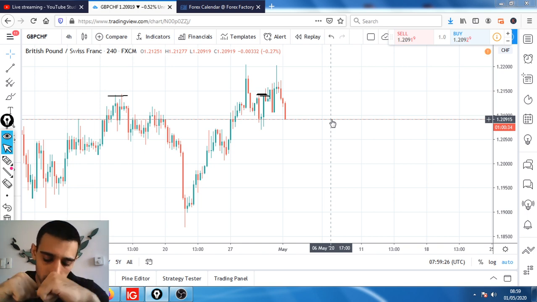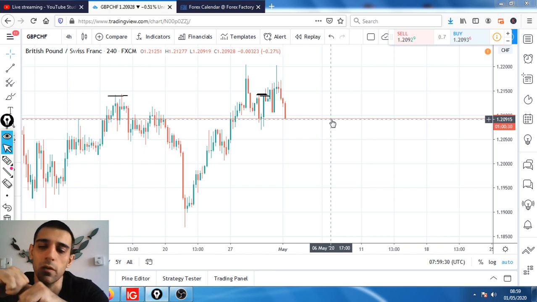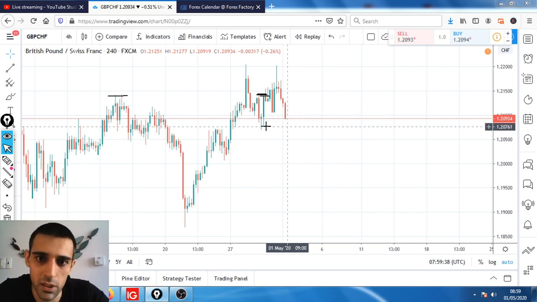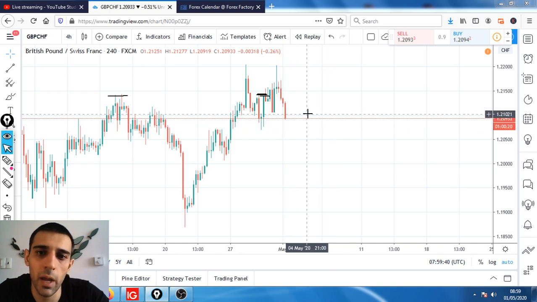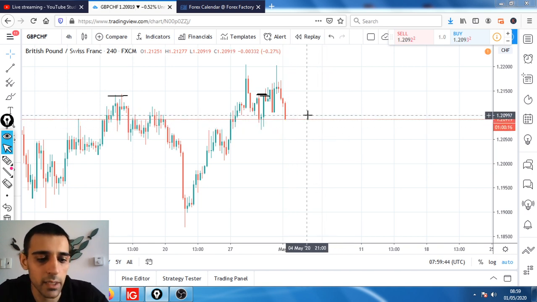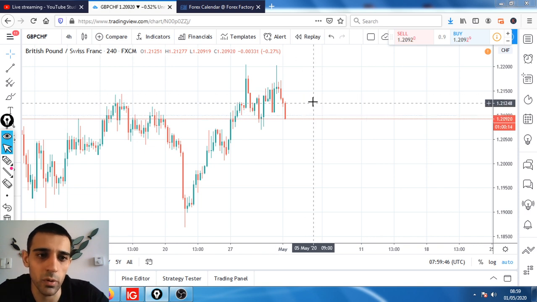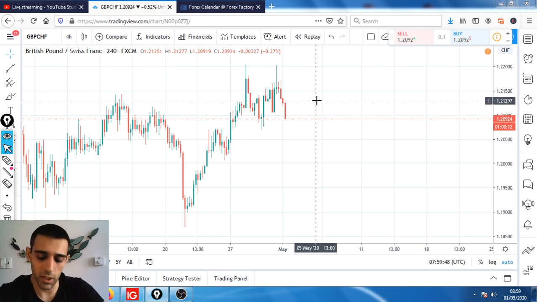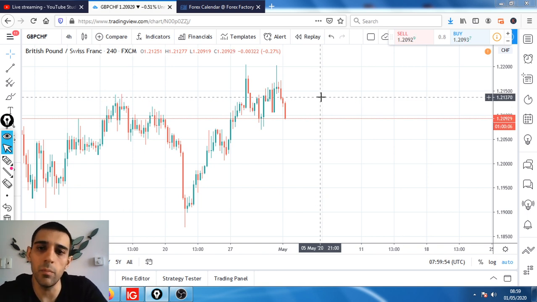As far as the risk reward goes, it's not very good in my terms. That works out to just over 1 to 2 risk reward. It's good, but it does not meet my requirements. But if you're happy with more than 1 to 2 risk reward, then you just go for it. It's a good risk reward, but personally, as far as my strategy goes, I always use 1 to 3 risk reward at the very minimum, or higher.